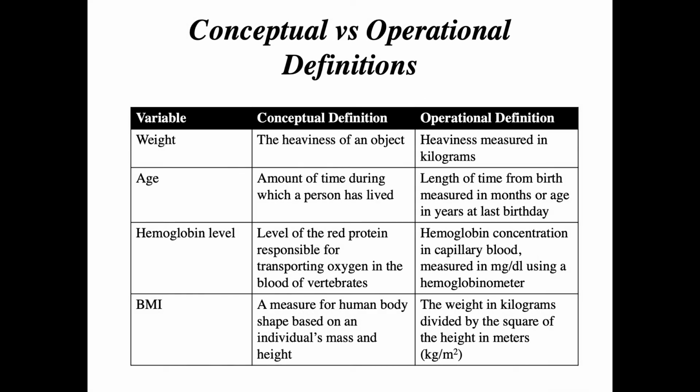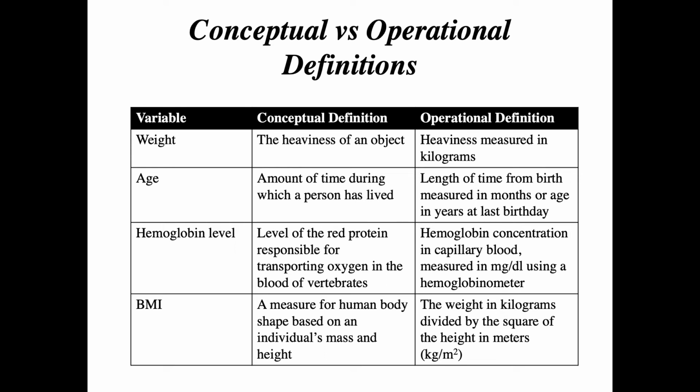Okay, so here are a few more examples. This time around, they're not as abstract as the three examples that I gave in the previous slide. We have weight, age, hemoglobin level, and BMI. And believe it or not, even though these are more concrete, they still have conceptual definitions, which may or may not be helpful to us in terms of how to measure them.